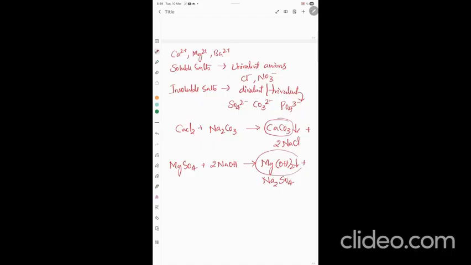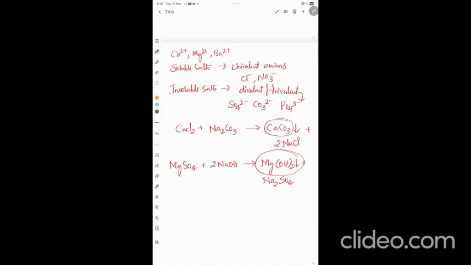So the alkaline earth metals form insoluble carbonates, phosphates, hydroxides, as well as sulfates. That is where the incompatibility happens. That means calcium and magnesium love to form insoluble carbonates as well as hydroxides.